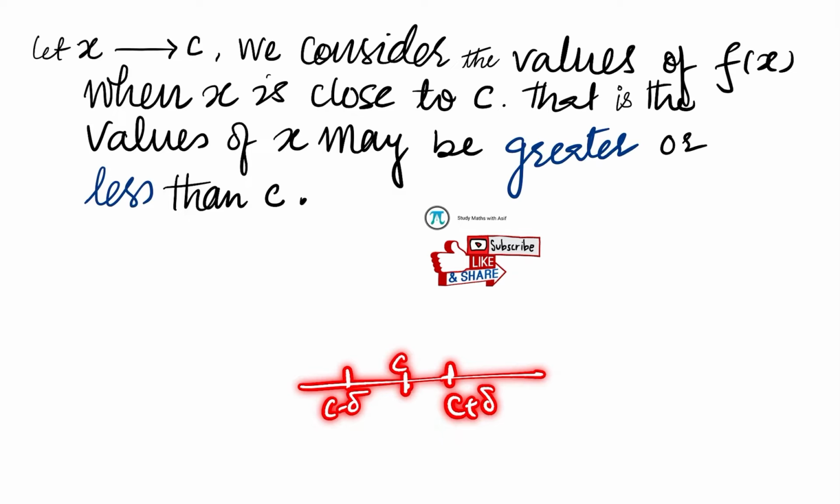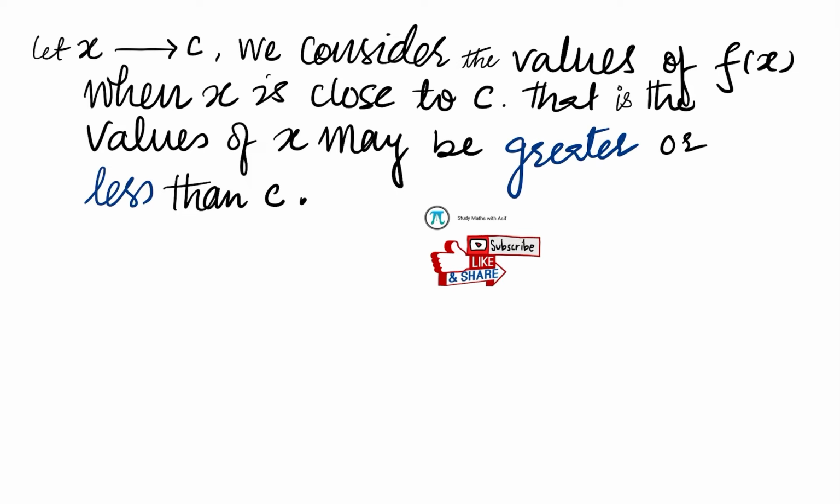If we are given this direction, that means the values of x considered are less than c, and we call this approaching c from the left. Similarly, when you approach the point from the right, we consider the points which are greater than this point.